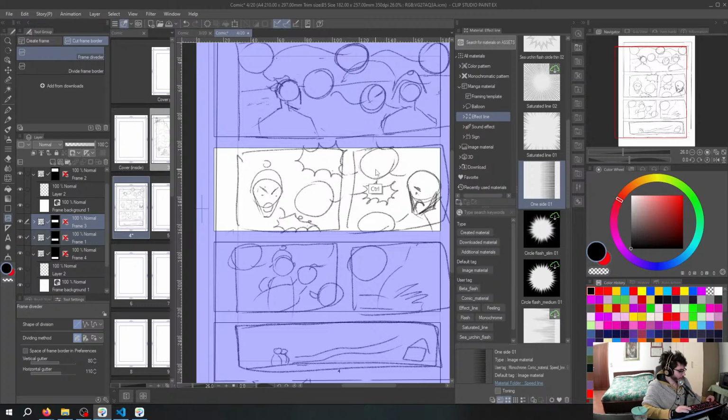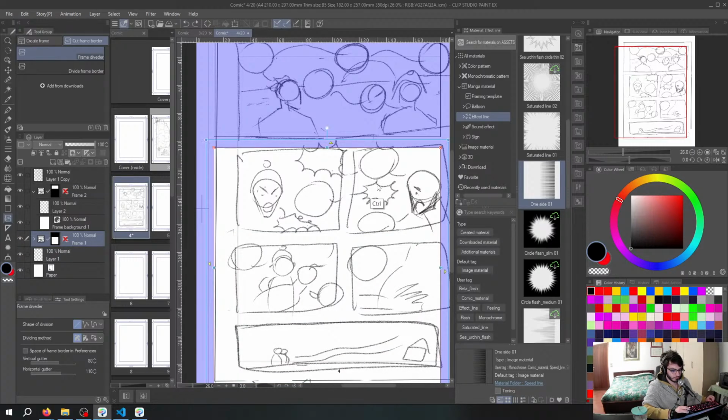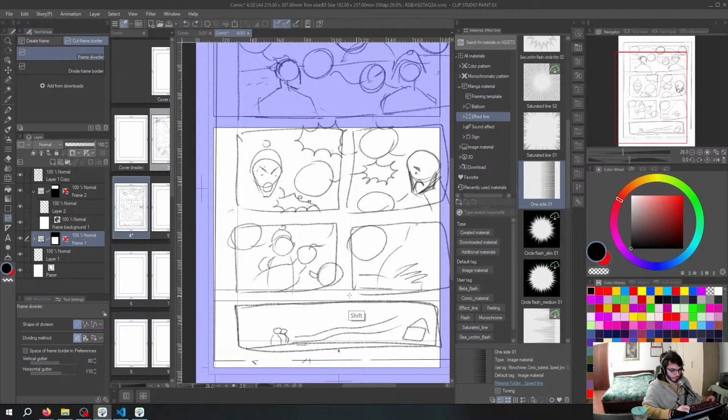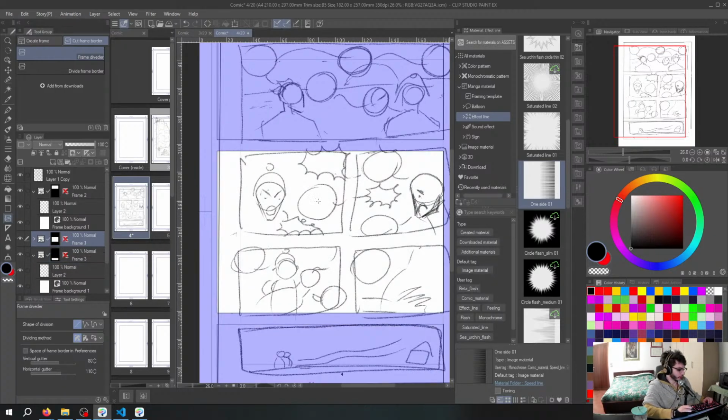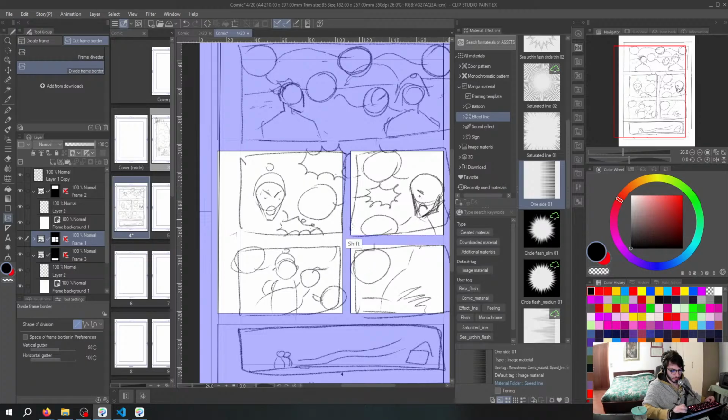Okay, makes me believe that the only way to do this is to get them to be one border. Then we divide it like follows.